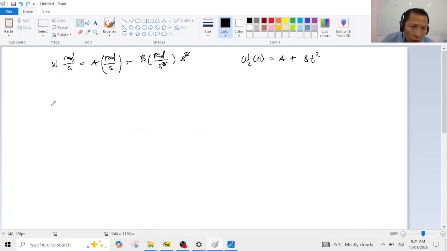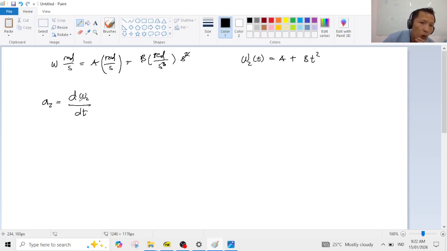And then, what is the angular acceleration? From kinematics, this is the formula. Your alpha z, the notation for rotational acceleration, is the derivative of your omega z with respect to t.